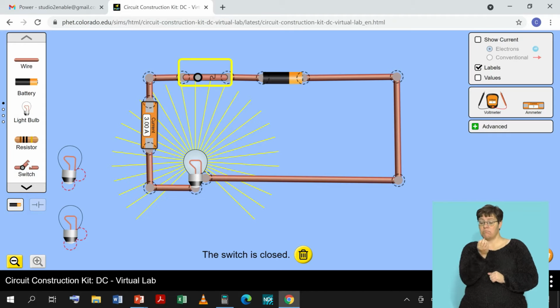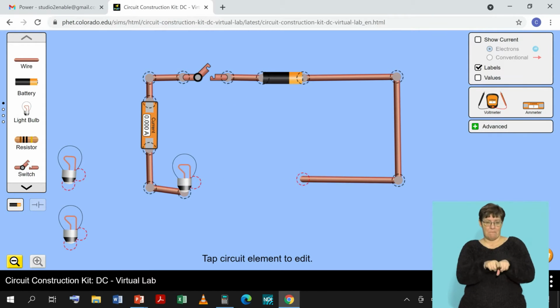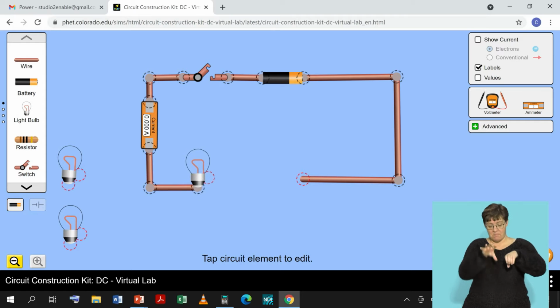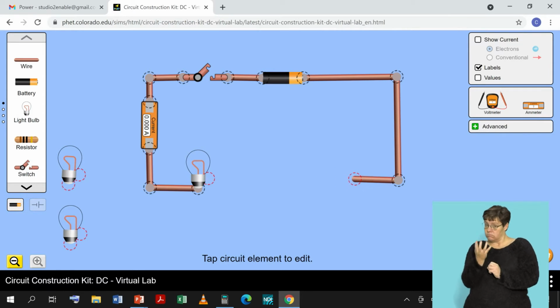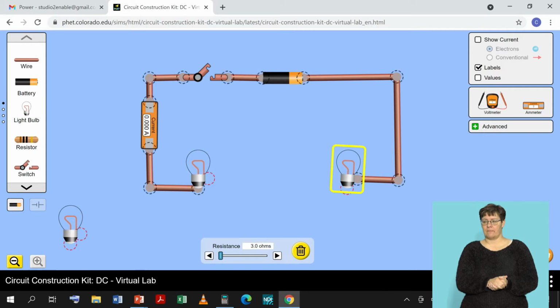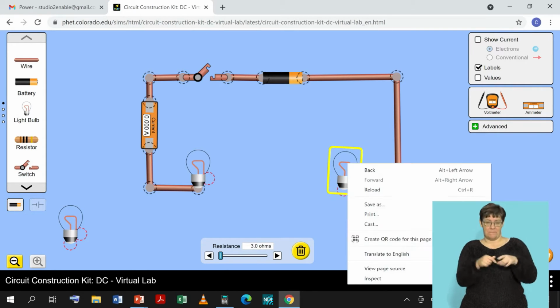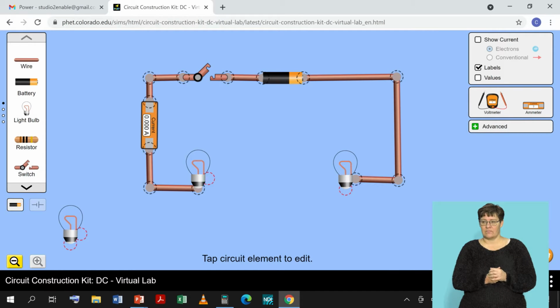Now, what we're going to do next is to add another identical light bulb in series and see how that affects the brightness, right? Okay, so we'll add another 3-ohm light bulb. Now what does that mean? It means these light bulbs are identical, right? Okay, so we'll connect that using a connecting wire, right?